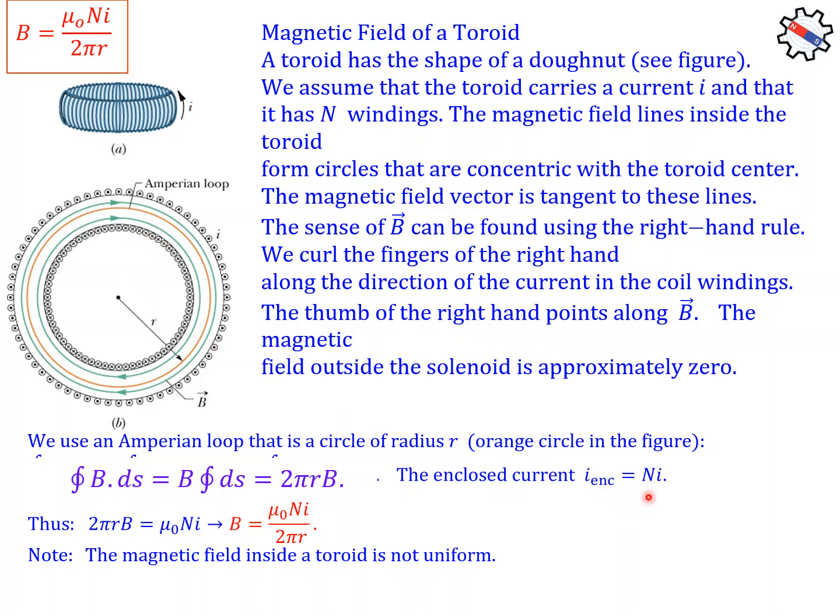So it is the total number of turns in the toroid times the current in the wire. We can put that in for Ampere's law. There we have it. We arrange for B, and we get this equation. And yes, it is true that as you change the radius, the magnetic field is going to get weaker as you increase it, and it's stronger on the inside of a toroid.